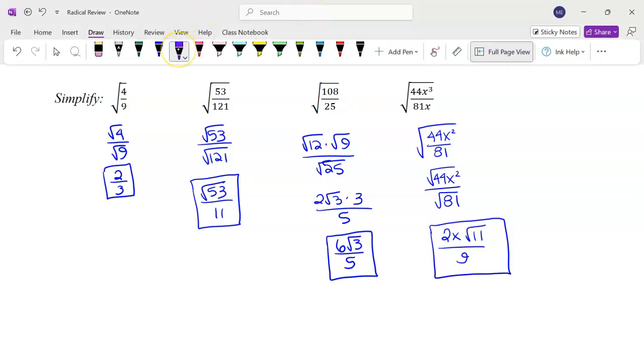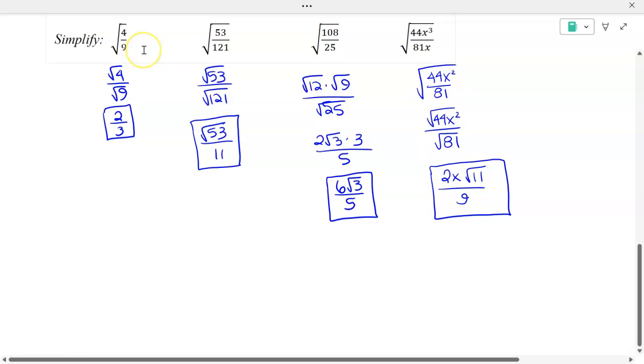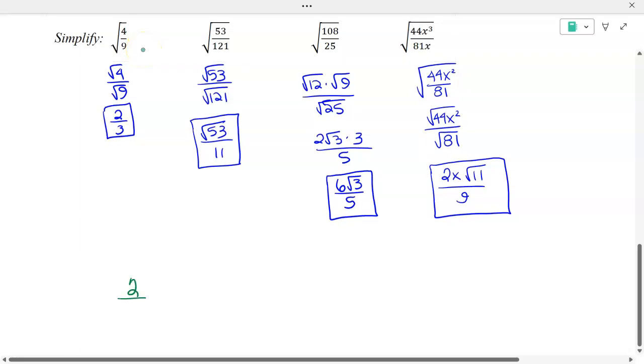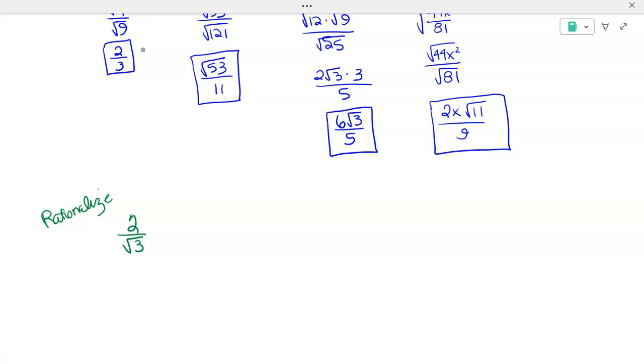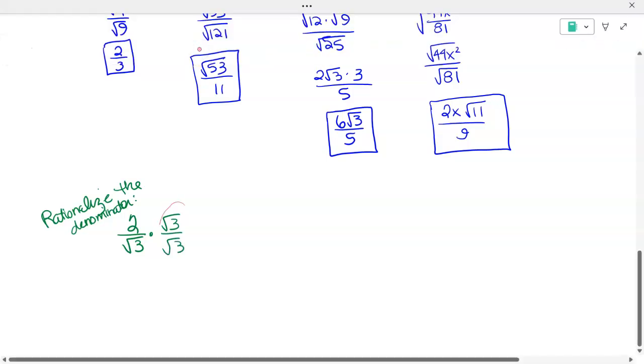Now, another thing that you may be asking yourself, remember that if we had something like 2 over the square root of 3, if we had gotten an answer to this point, we can't leave it like that, and we would have to rationalize our denominator here. And by rationalizing our denominator, what we're doing, in essence, we're going to multiply this by 1, which is the square root of 3 over the square root of 3 to get rid of that denominator.